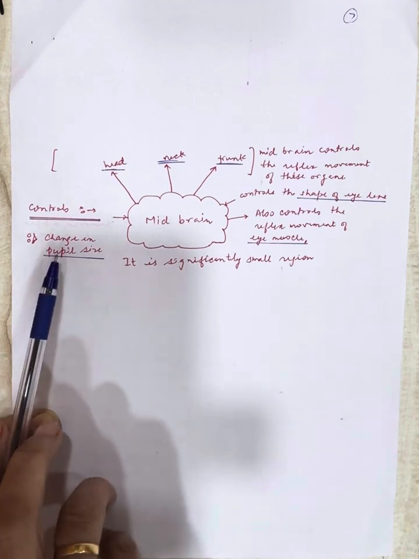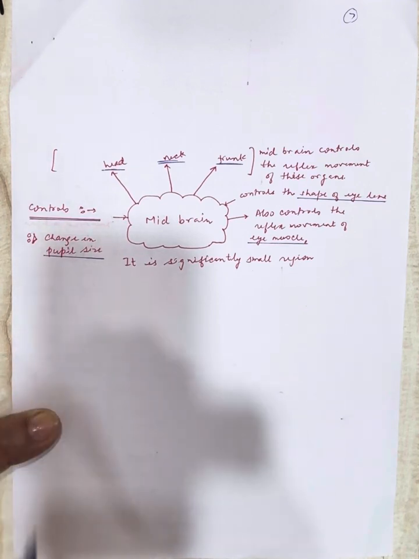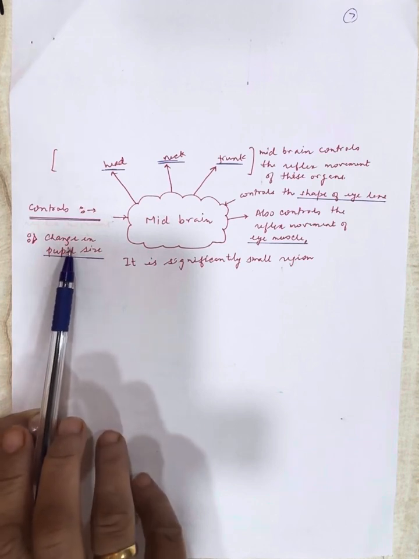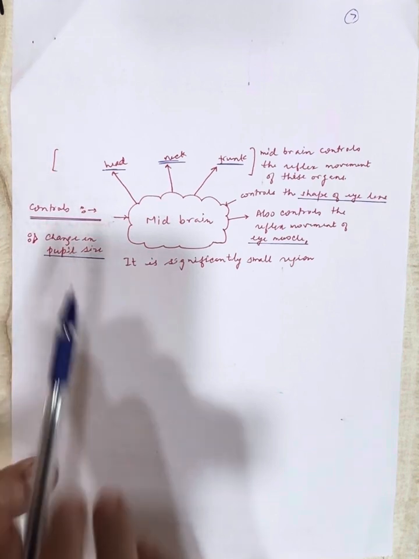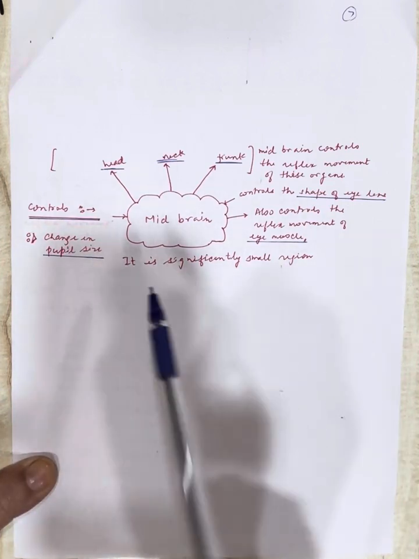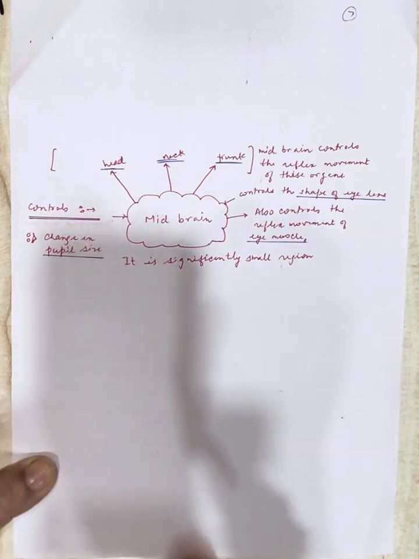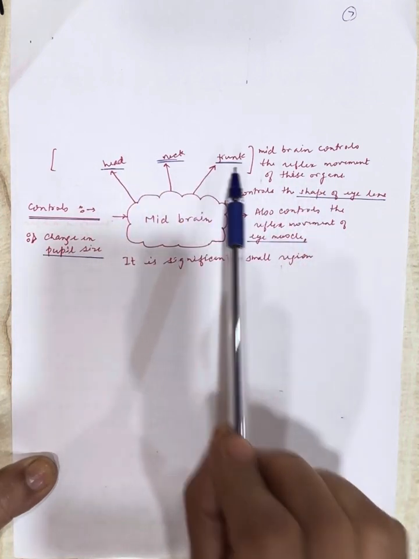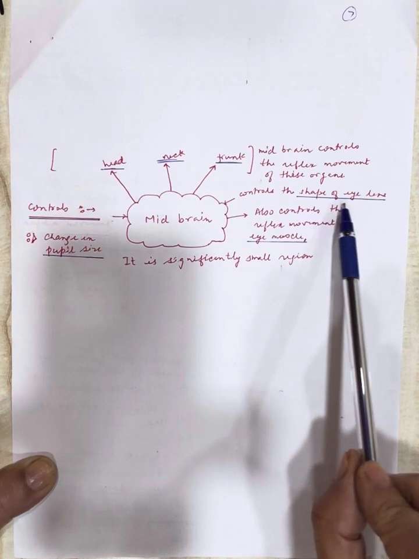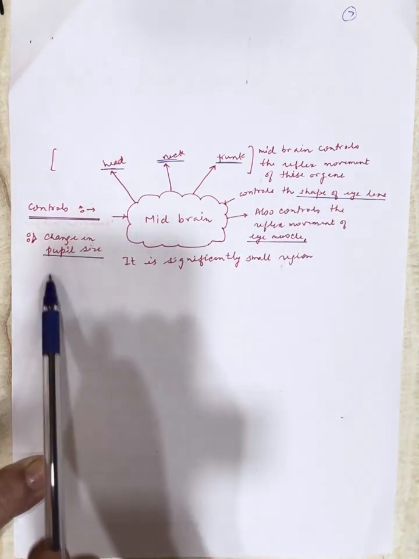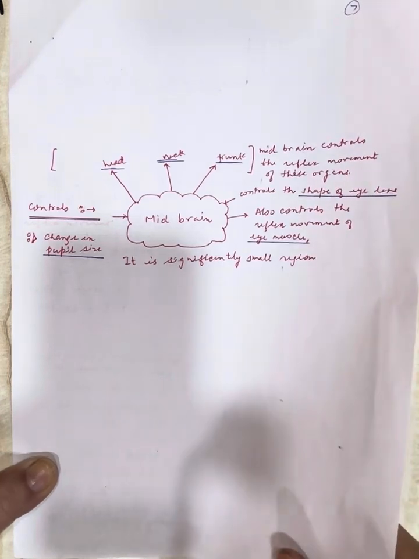It also helps in changing the pupil size, so it helps in controlling the amount of light entering the eye. This way the midbrain is also very important. In brief, it controls the reflex movements of head, neck and trunk, the shape of the eyelids, the reflex movement of eye muscles, and the size of the pupil.